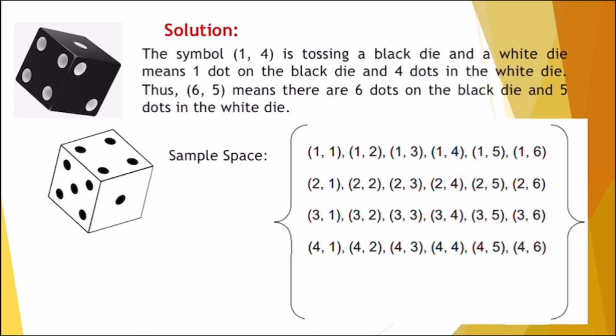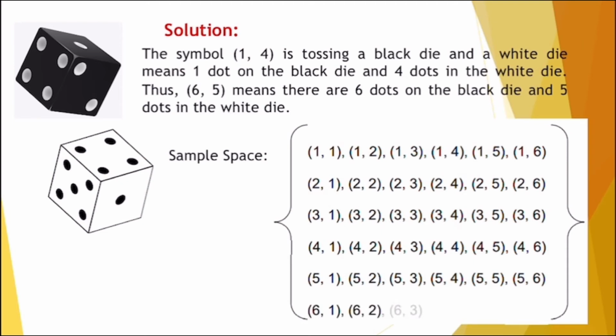Next, we have 5 and 1, 5 and 2, 5 and 3, 5 and 4, 5 and 5, and 5 and 6. Next, we have 6 and 1, 6 and 2, 6 and 3, 6 and 4, 6 and 5, and 6 and 6. These are our sample space.